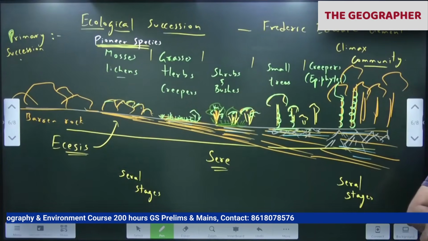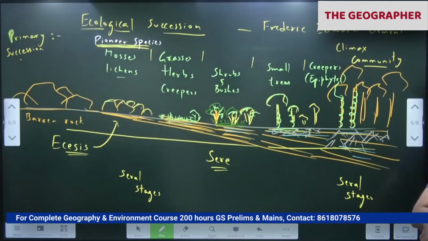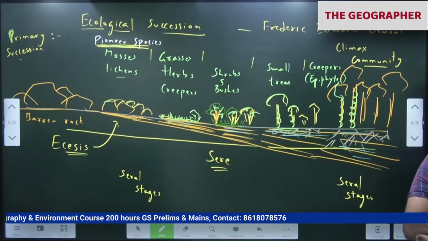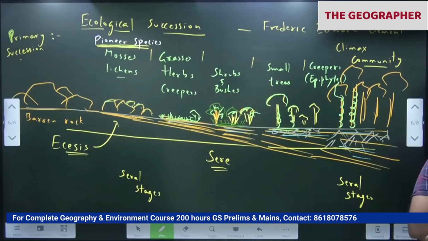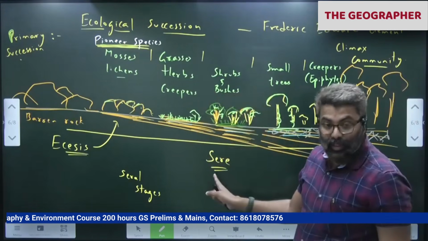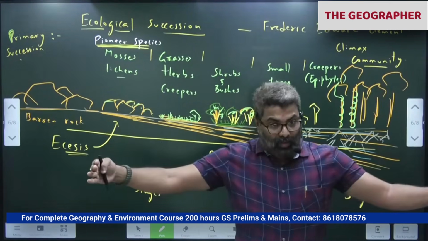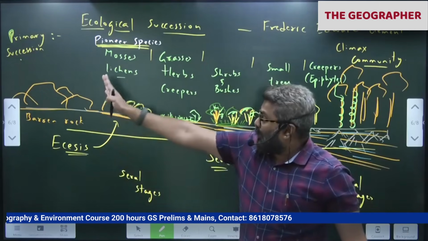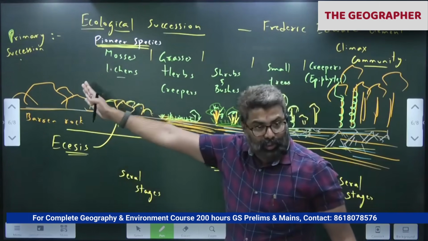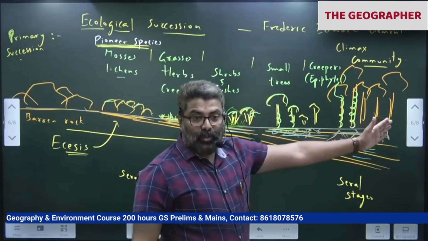Ecological succession is asked in mains: discuss primary and secondary succession with a suitable diagram. Sere is a very broad term which encompasses pioneer species to climax community.